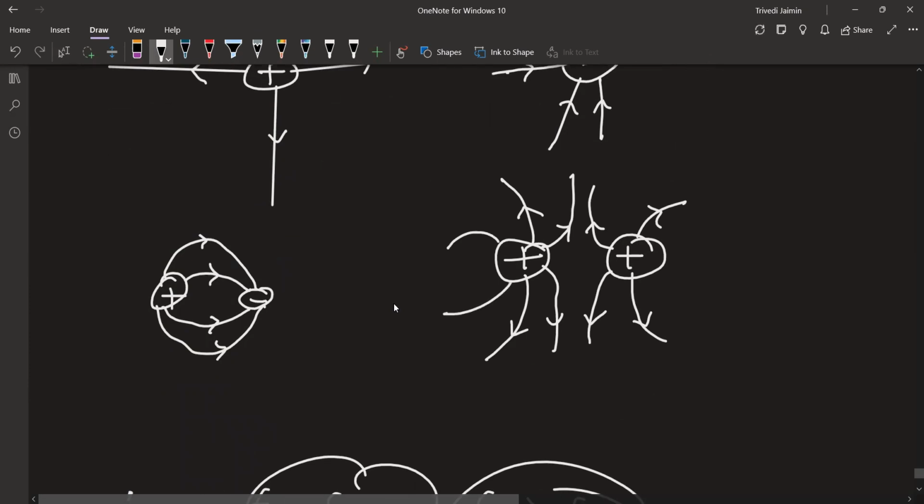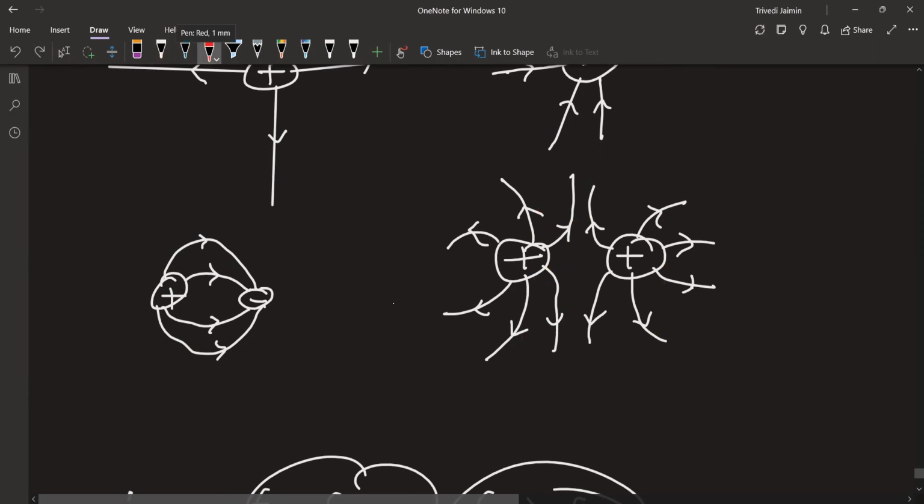It doesn't matter how you draw it, it will be repelling. Our main concern is this part, this side. This is repelling.